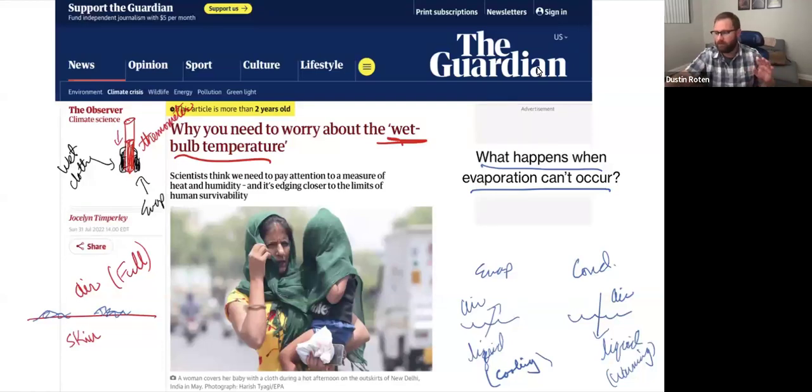Twenty years ago, thirty years ago, climate scientists really didn't talk about this because it wasn't that much of an issue. But now there are parts of India that are getting to this point where it's not livable, it's not survivable on the hottest days of the year, literally because the wet bulb temperature is so high, you can't evaporate your sweat anymore.